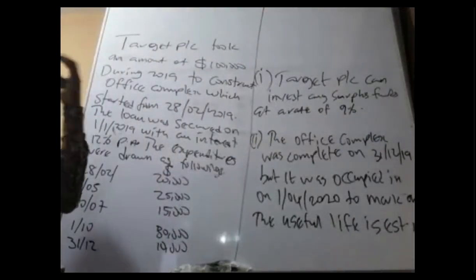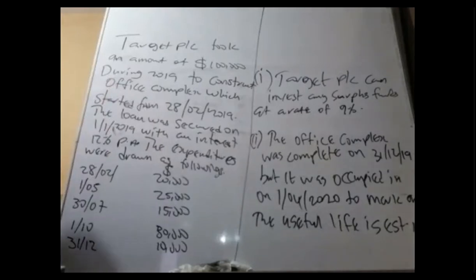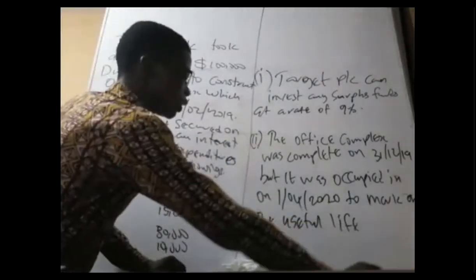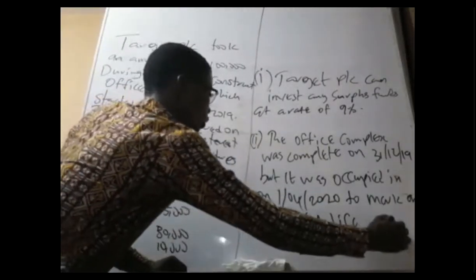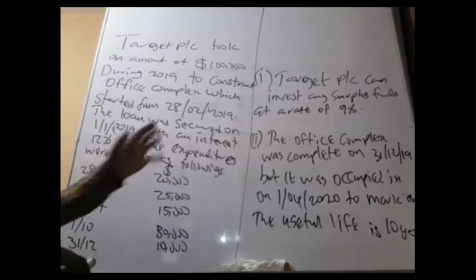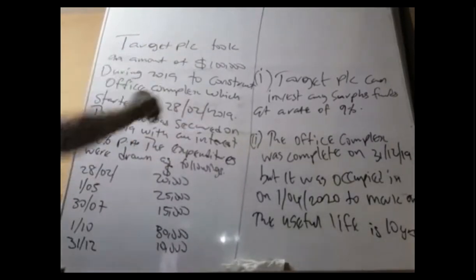So can you make the calculation? That is all. It's estimated to be 10 years. So kindly take note of it, or you can just take a screenshot of it. Then that's this section and then solve it from there.